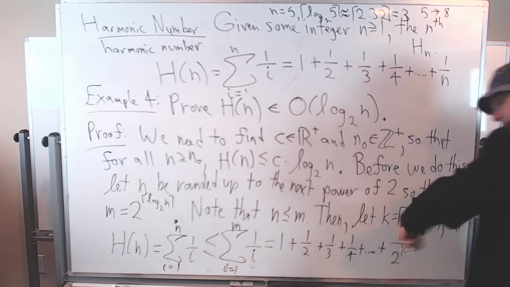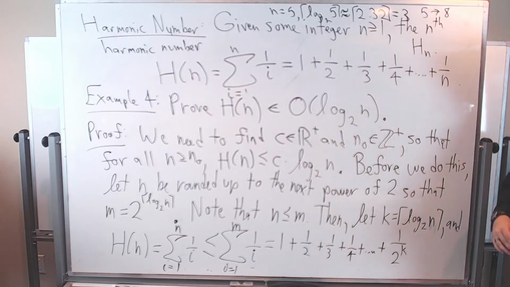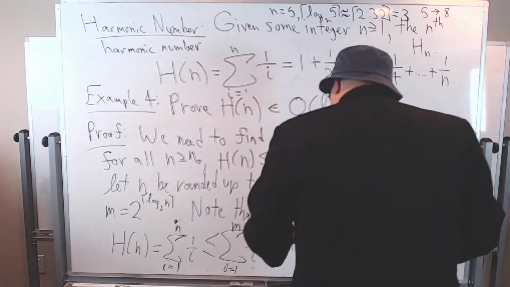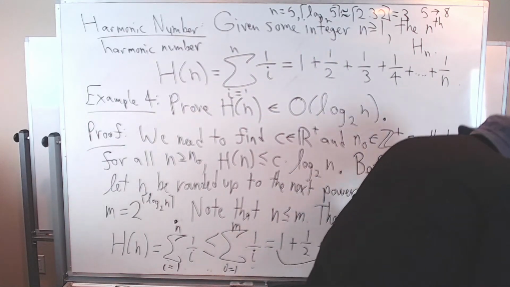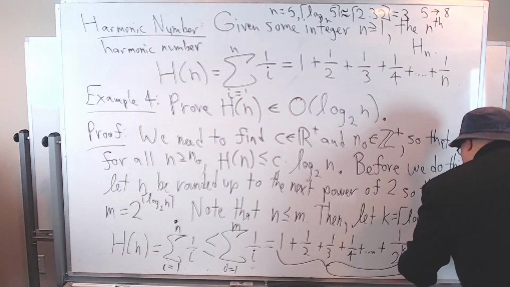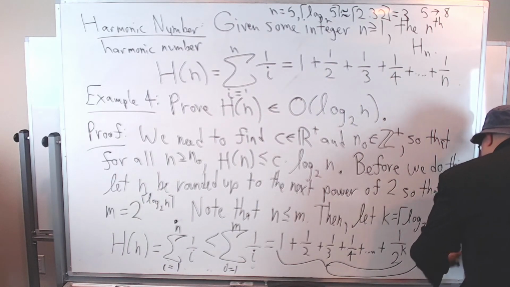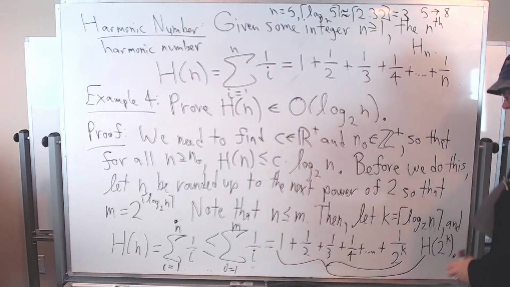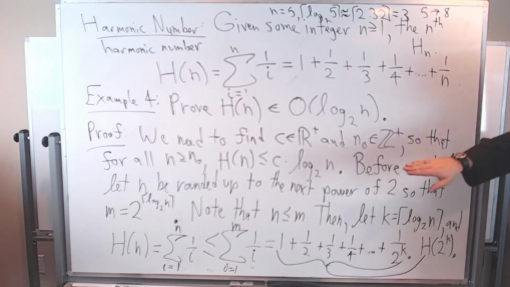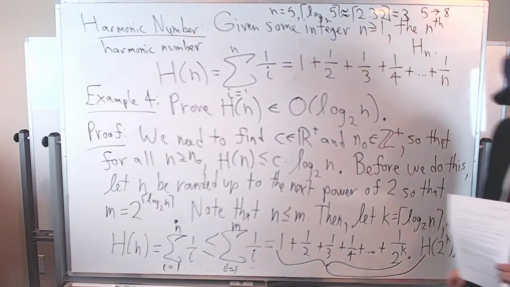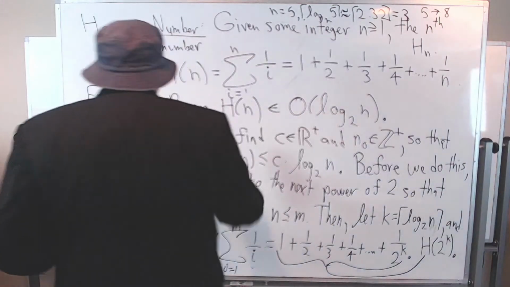But what harmonic number is this right here? This is h of 2 to the power of k. So now we can play around with this, and now we have a sufficient upper bound on the nth harmonic number. So let's proceed.